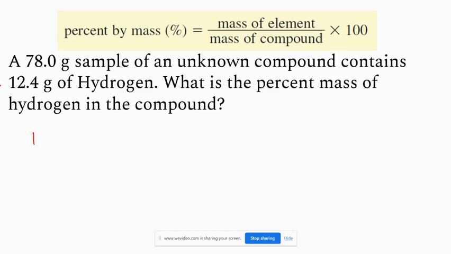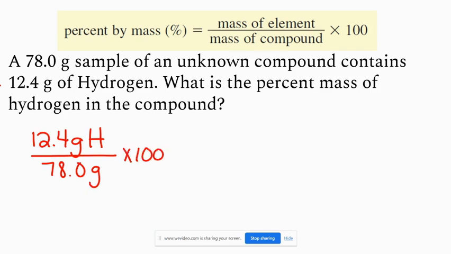So if we take our part and we divide it by the whole, 78.0 grams times 100, that's going to give us our percent hydrogen.